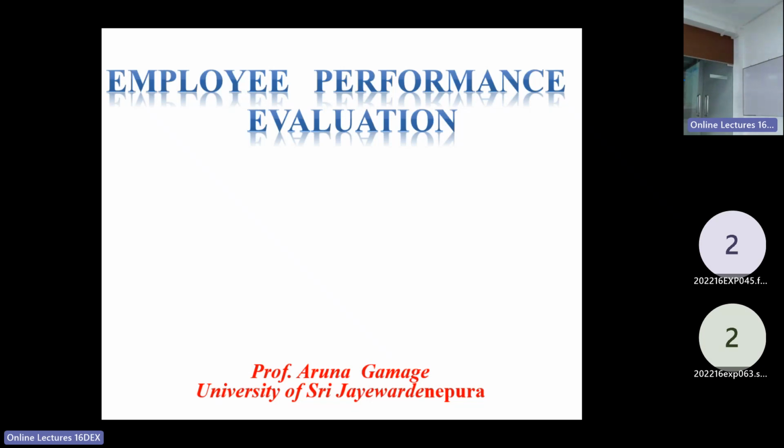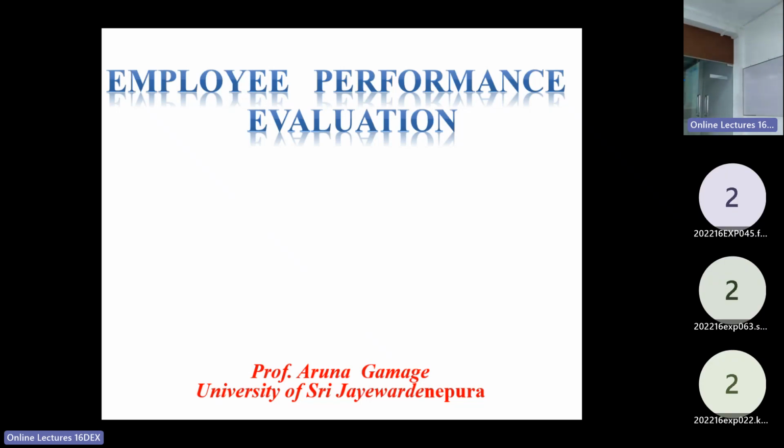You can perform this function at any given time after performing all the primary functions. However, it is recommended to perform this function before training and development.